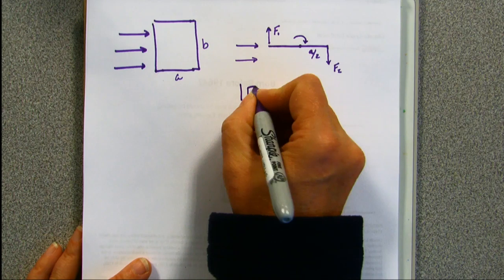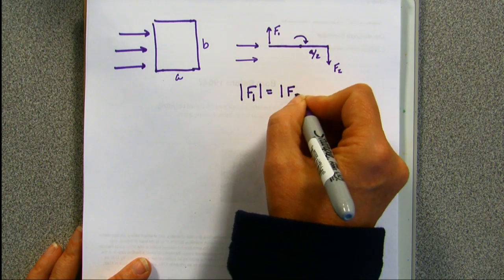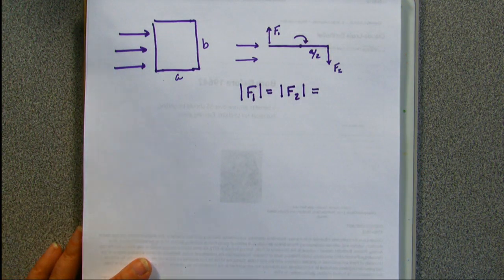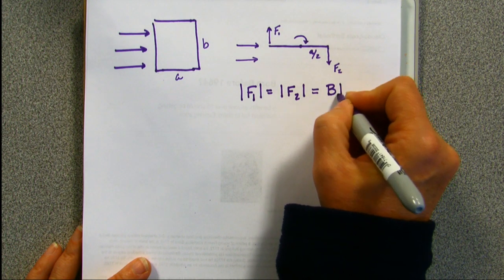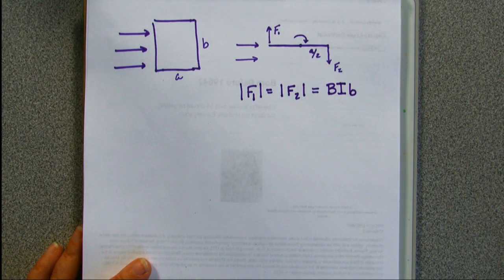And if I look at the magnitudes of the forces, because the current throughout the whole thing is going to be the same, the magnitude of the force is going to be B I times the length of the side, which in this case happens to be little b.